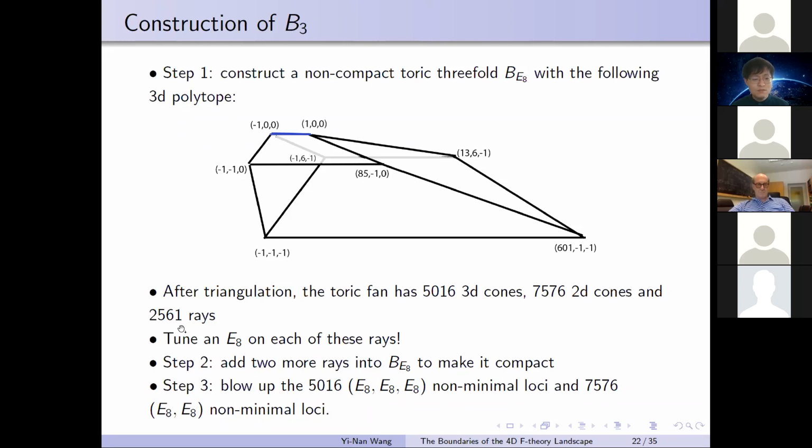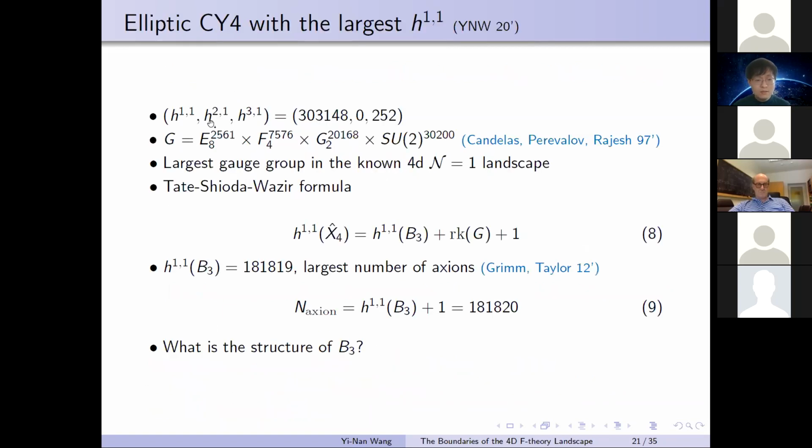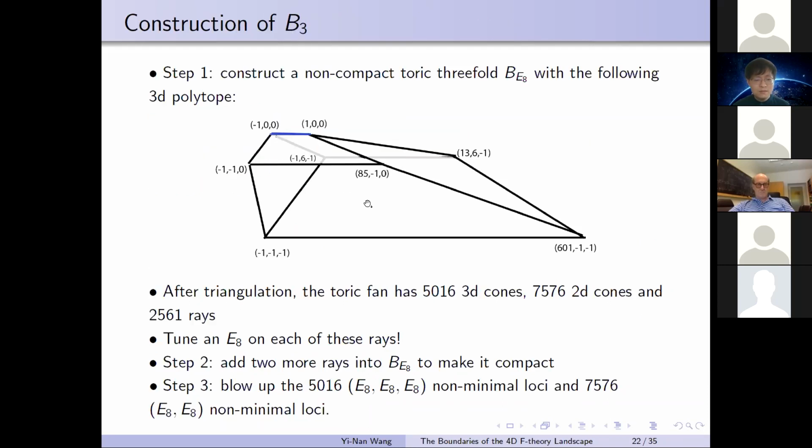So now, as you can see, the total number of divisors and rays in this toric threefold, this 2,561, is exactly the same as the total number of E8 gauge groups in the physical theory. So this basically is a very important hint that we are going to tune an E8 gauge group on each of these rays. Okay.